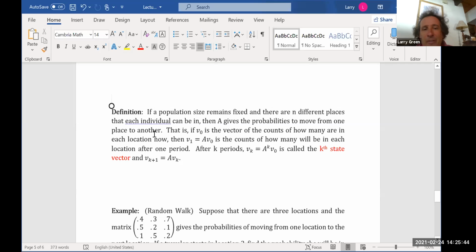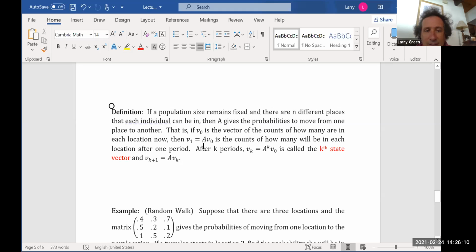That will be the first entry of our vector V naught. And then our second might be Nevada, and that might be 2 million. And the third entry would be Arizona, and that would be whatever that number is. So V naught is a vector that counts how many are in each location now.